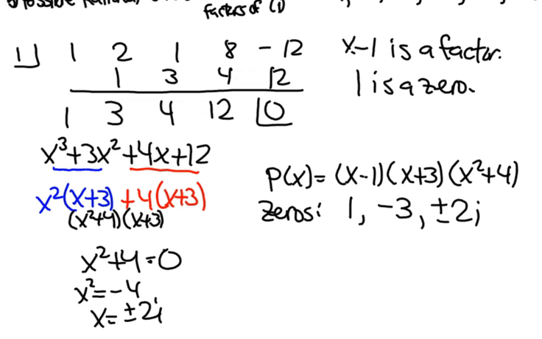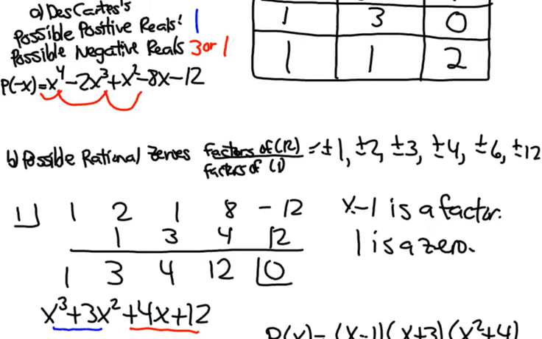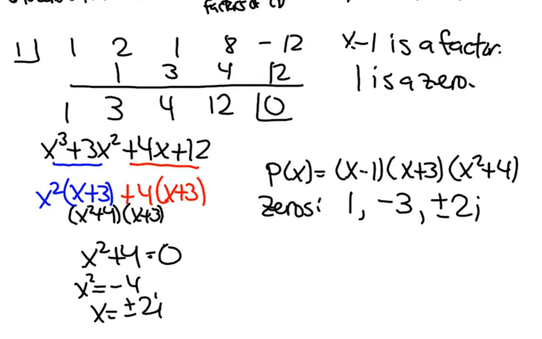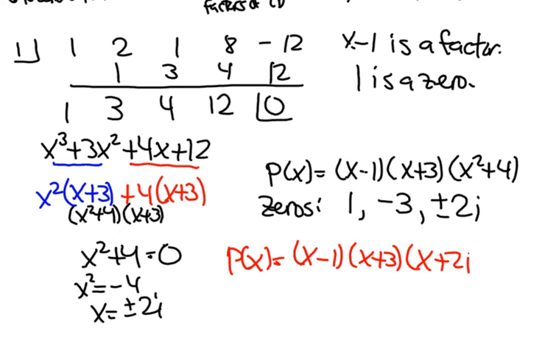That would be fine. So again, notice two real number solutions and two complex solutions. Going back to Descartes, that scenario is the one that comes up. Other comment I would make is you can also write p of x as what? x minus 1 times x plus 3, and you could do x plus 2i and x minus 2i.